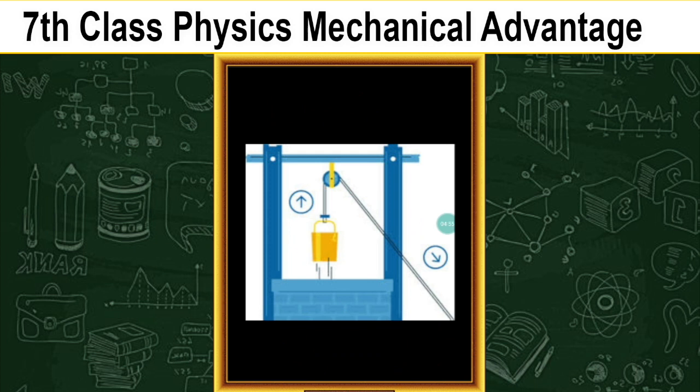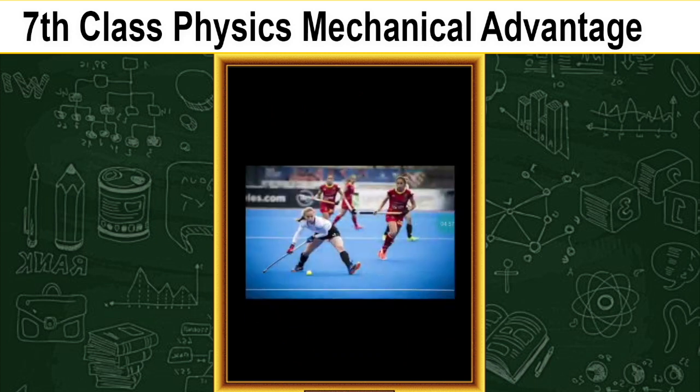If you see the third case, load is less than effort. For this case, the best example is hockey. The hockey player is using greater effort in moving a small load. This is a small load.